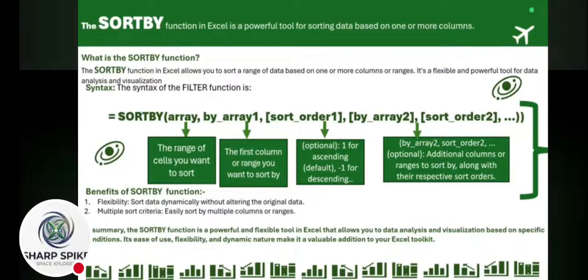With multiple sort criteria, you can easily sort by multiple columns or ranges. In summary, SORTBY is a very powerful tool in Excel that allows analysis and visualization based on specific conditions. Its ease of use, flexibility and dynamic nature make it a value addition to your Excel toolkit.